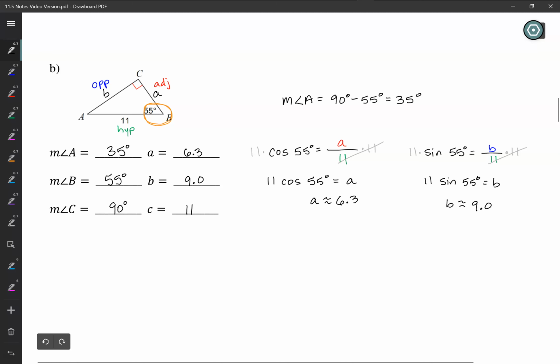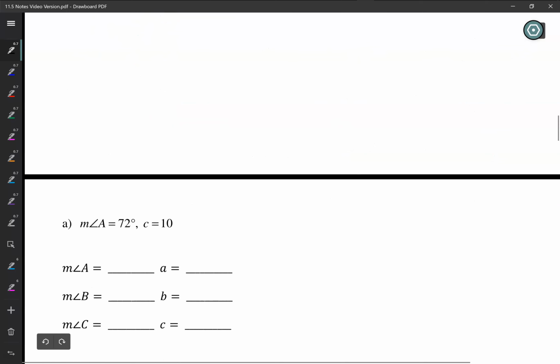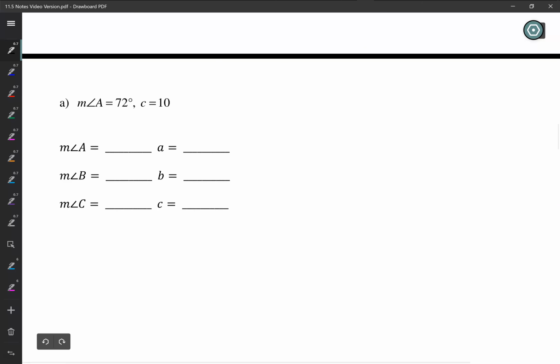Okay. The next type of question that you might get is a question where the triangle is not drawn for you. You have to draw it. And it doesn't matter which way it's rotated, and I'm not going to get out a protractor and measure whether your 72 degree angle is actually a 72 degree angle.